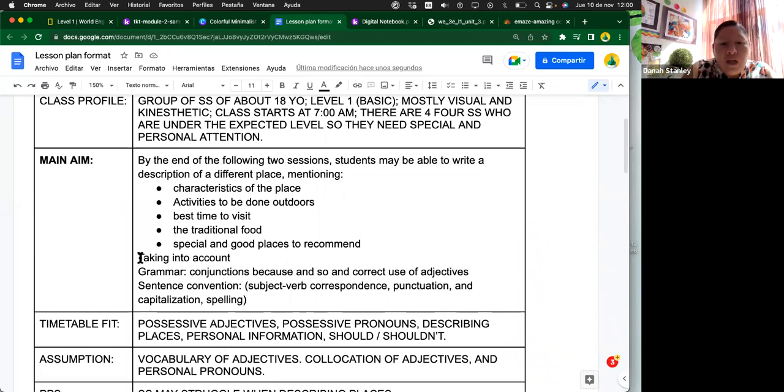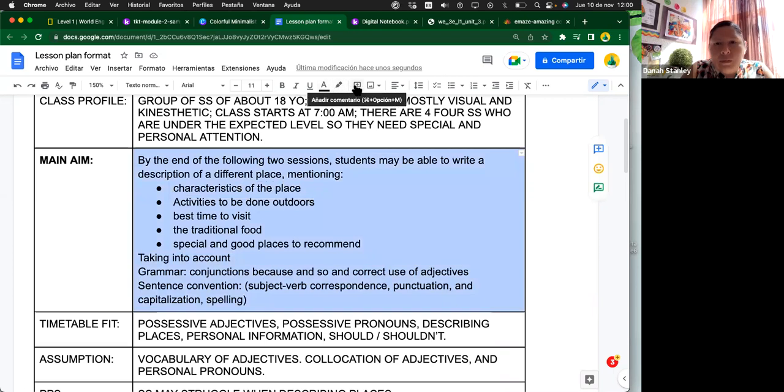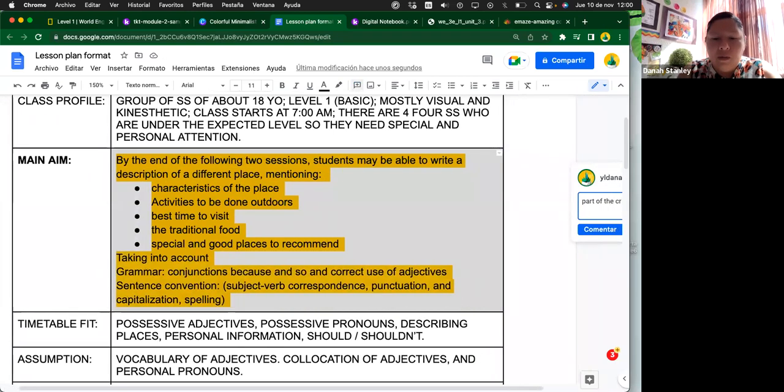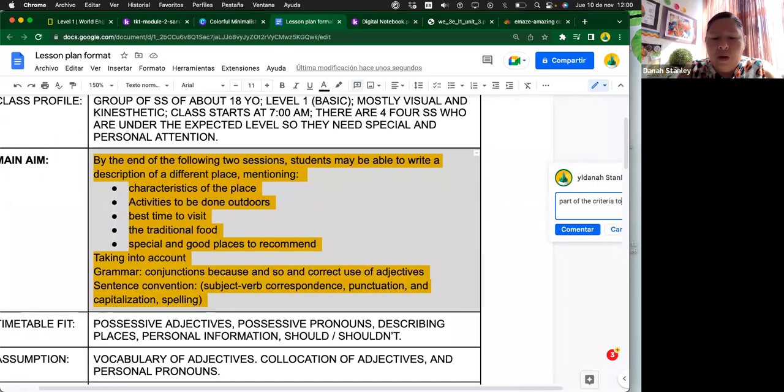If they are going to take into account this main name, is part of the criteria to evaluate.